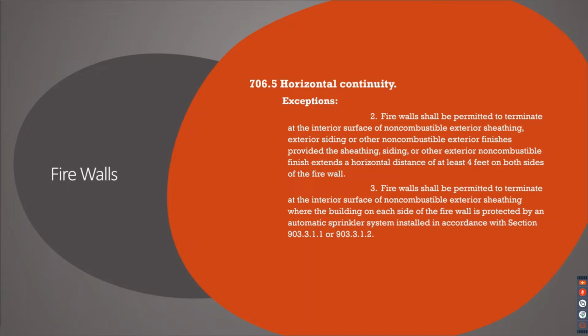And then exception 3, firewall shall be permitted to terminate at the interior surface of non-combustible exterior sheeting, or the building on each side of the firewall is protected by an automatic sprinkler system in accordance with 903.3.1.1 or 903.3.1.2. So there's some forgiveness there if both buildings are fully sprinklered.